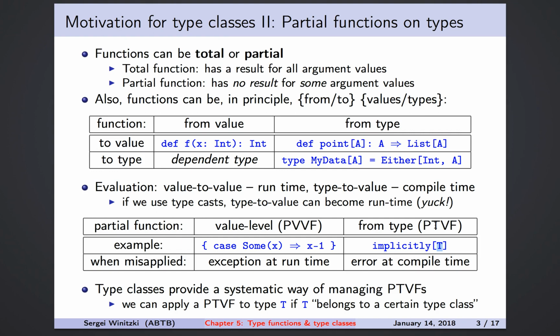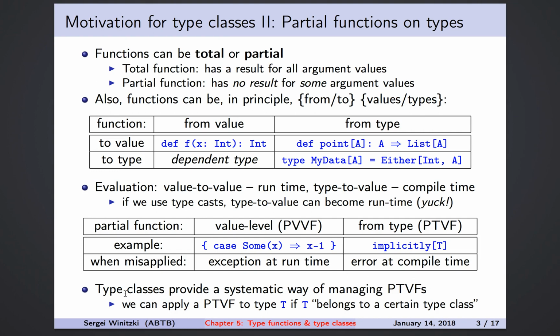So partial type-to-value functions are what we would like to have. We would like to have those functions. The goal of this tutorial is to explain systematically how to create and manage partial type-to-value functions. Type classes are the mechanism for doing that.